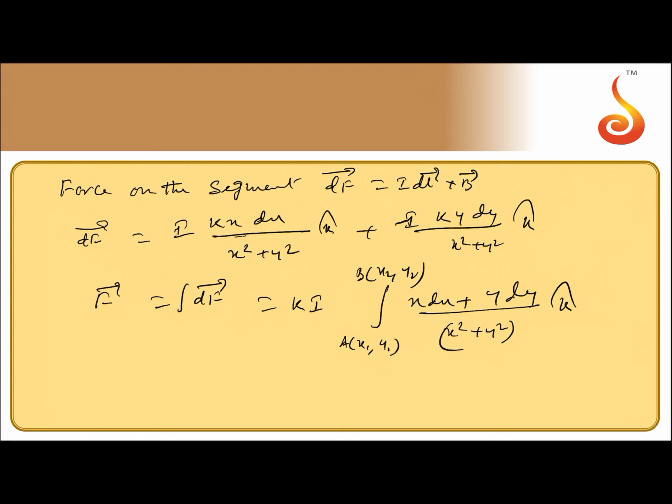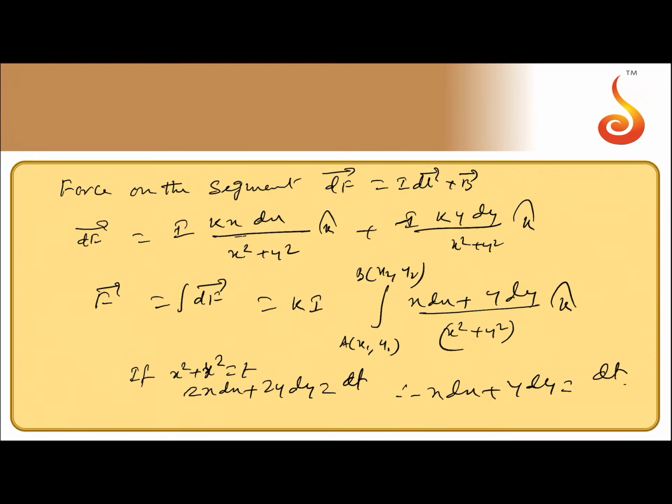So if we introduce a new variable t, so 2x dx plus 2y dy is equal to dt. So x dx plus y dy will be equal to dt by 2.